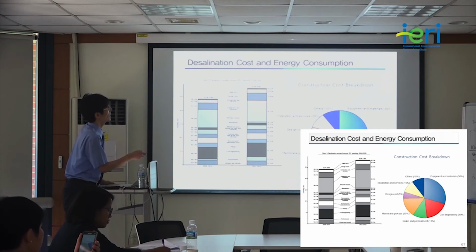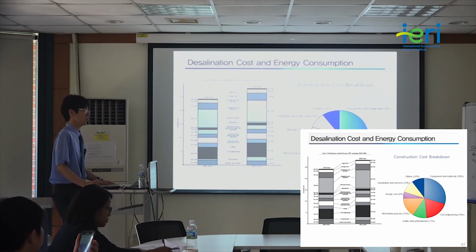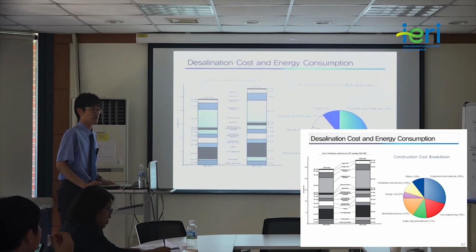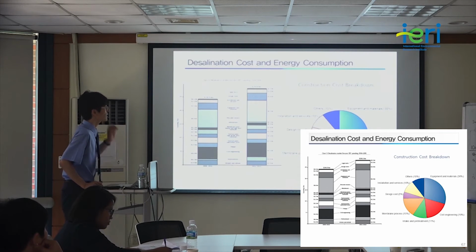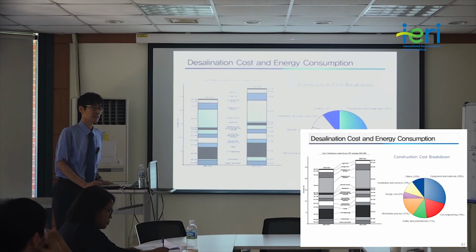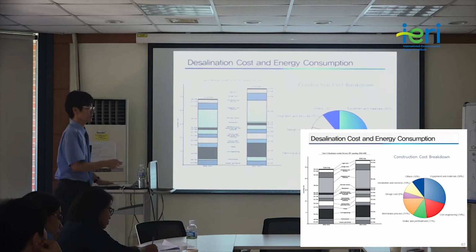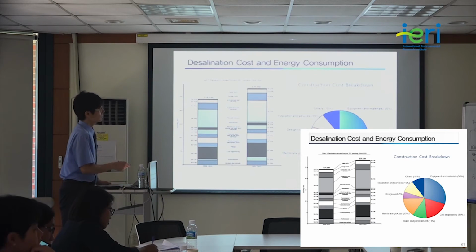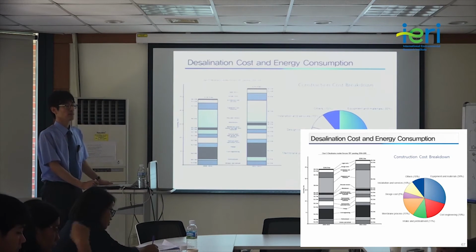So equipment and materials take the most important part of the construction cost, responsible for about 30%. And civil engineering, although not really significant, may contribute more or less depending on the site. This part is also site-specific.